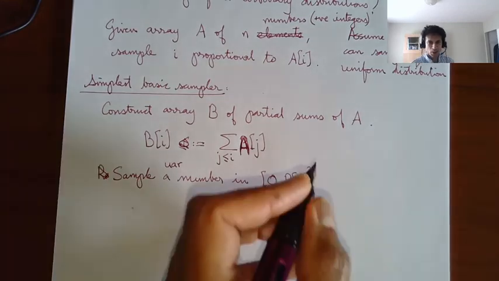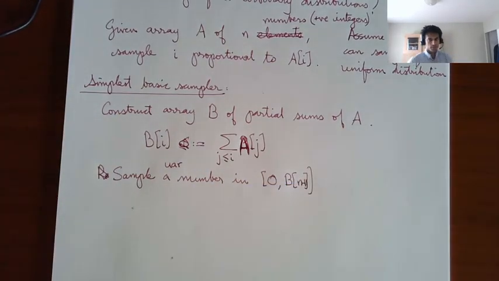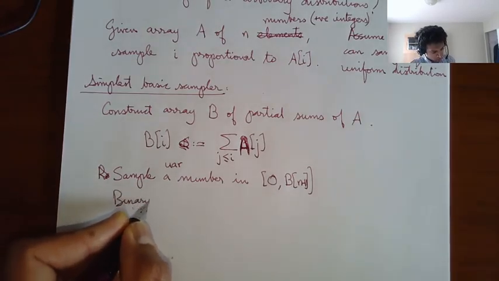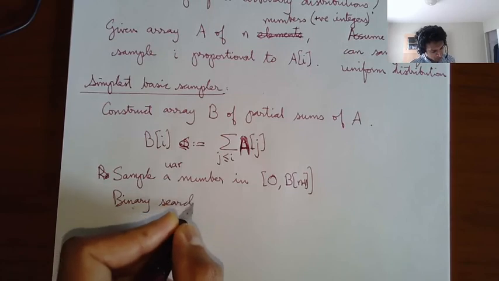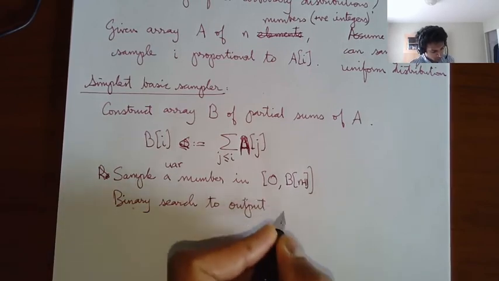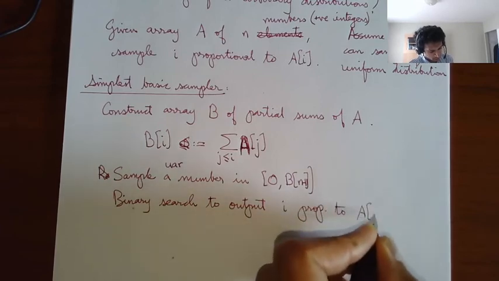Let's just say I'm doing arrays, so I do n minus 1. Sample a number and binary search to output i proportional to A of i.